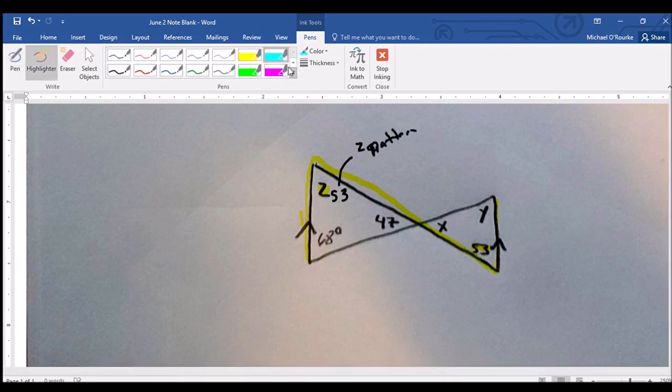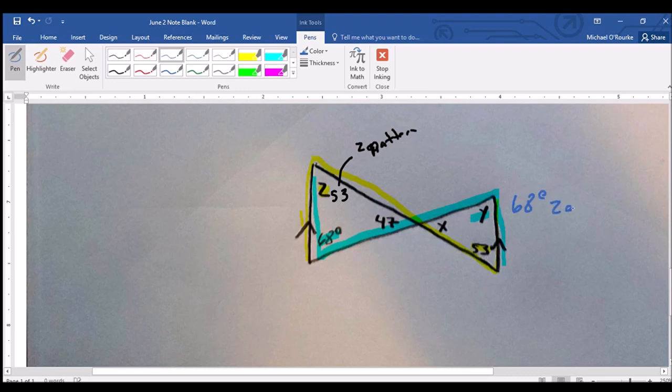And just as we made an armpit there, we could go back and do the same thing here. And we could go here, here, here. So this one equals this one. So that is going to be 68 degrees.